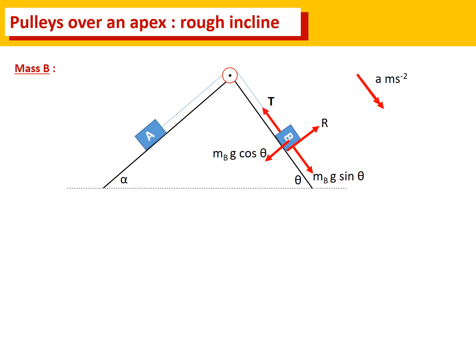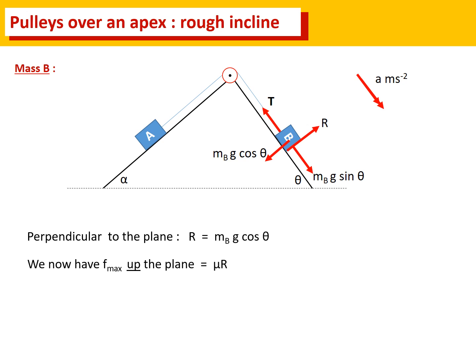For mass B, perpendicular to the plane, once again, R equals the mass of B times g times cosine theta. Now this time, because B is moving down the incline, friction will oppose that motion, so friction will act up the incline.